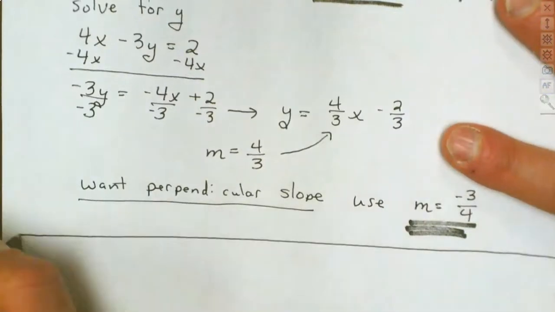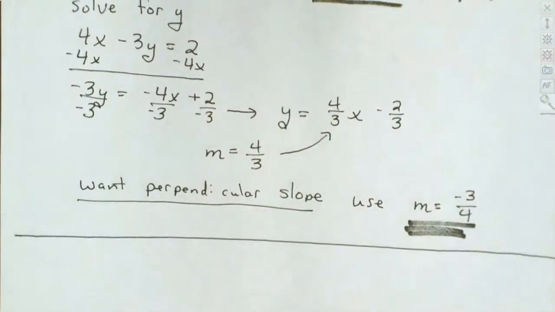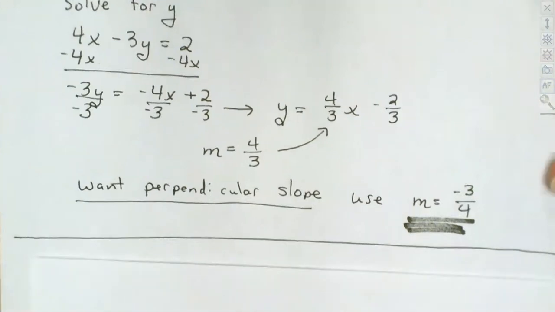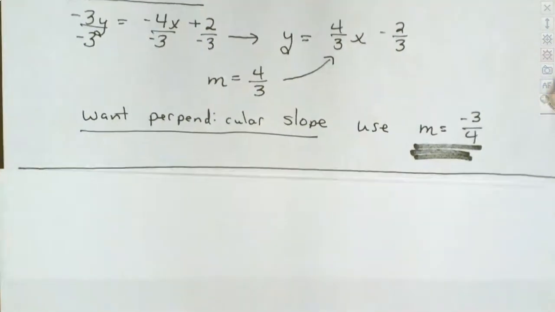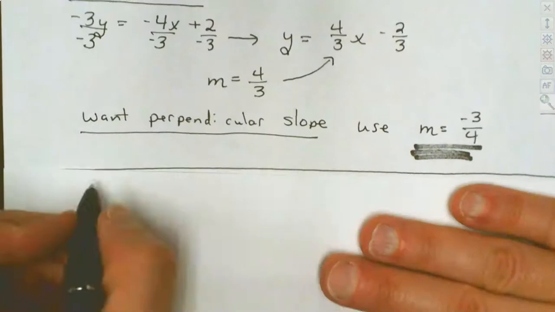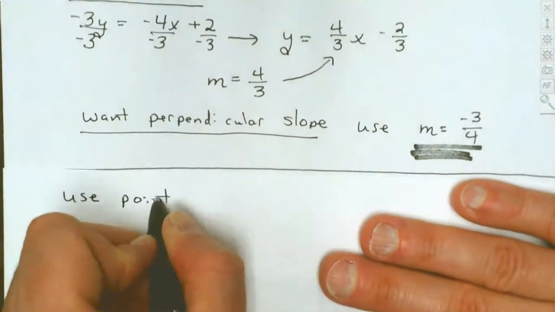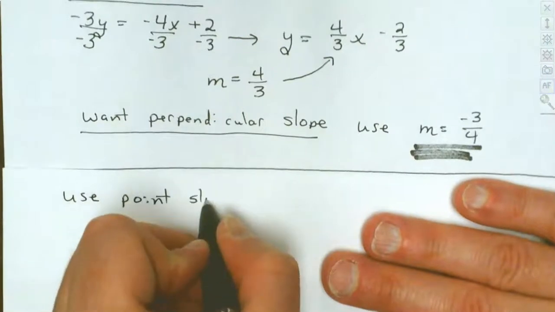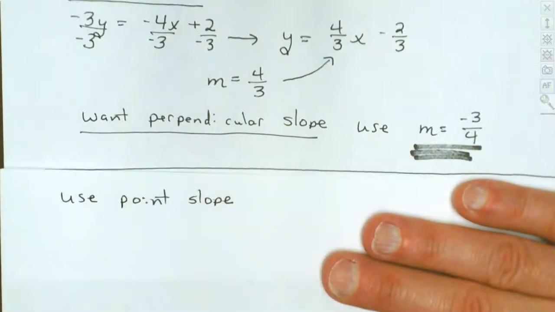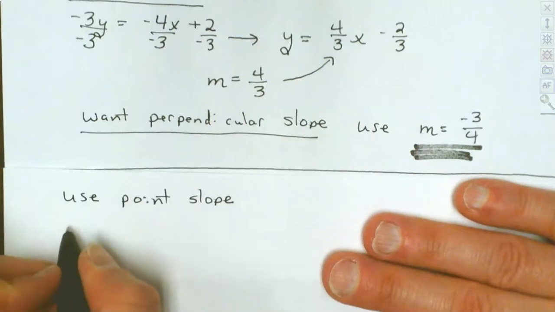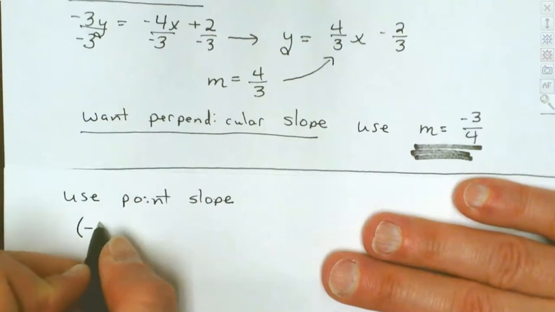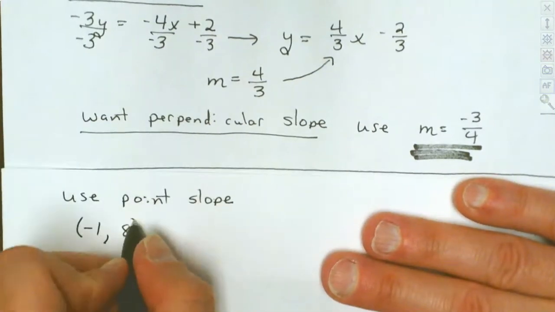From here, now we start the process of using our point slope formula. So now we use point slope. And we've got our original point, which is minus 1, positive 8.